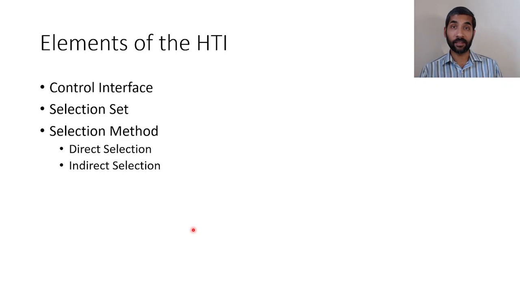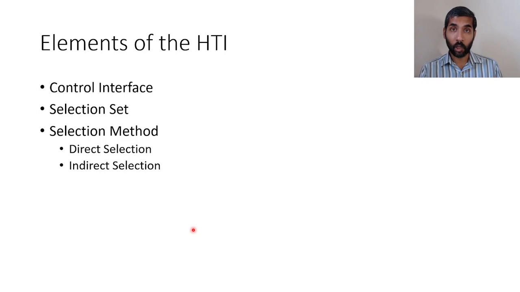But in many cases, you may want a selection set that is more than that, right? So, for example, in a mobile phone, you may want to use the camera, or you may want to text, or you may want to call somebody. So there are like three or four, or maybe 20 different options that you could use the technology for.